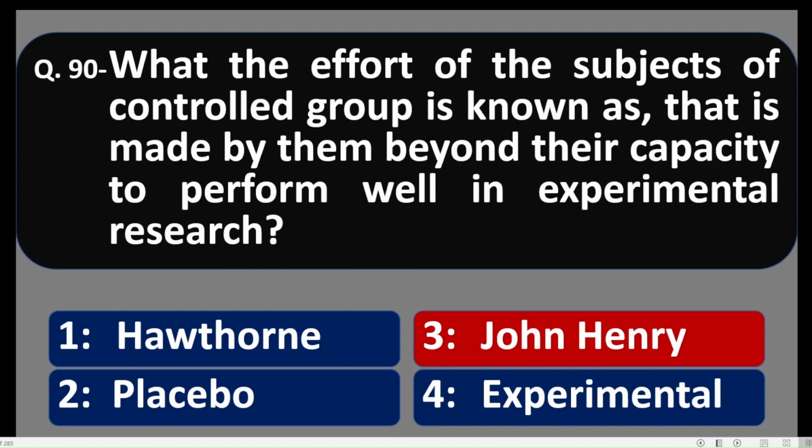John Henry was one laborer. Once the competition was made between him and the machine, and to be winner, John Henry made effort beyond his capacity and won the competition. Since then, it is called John Henry effect.